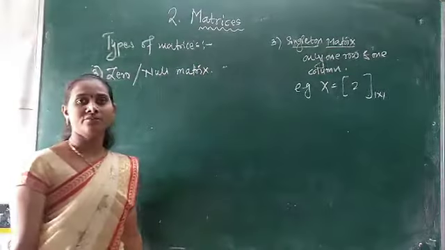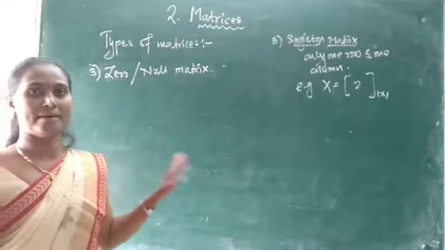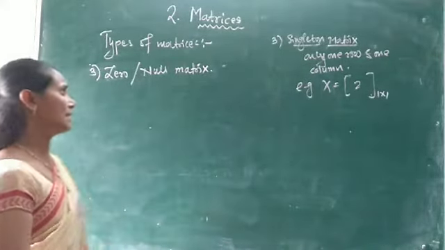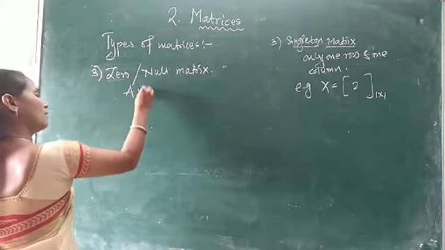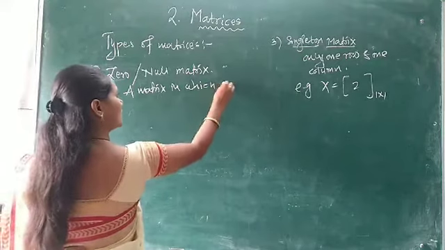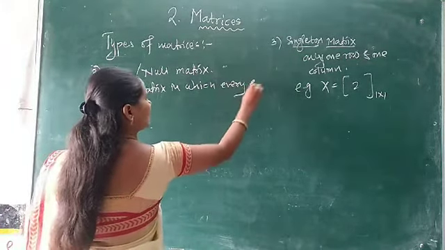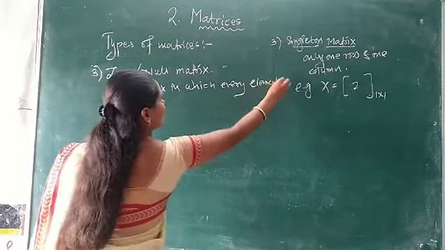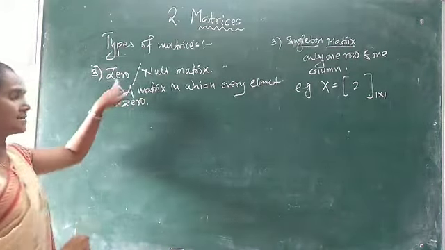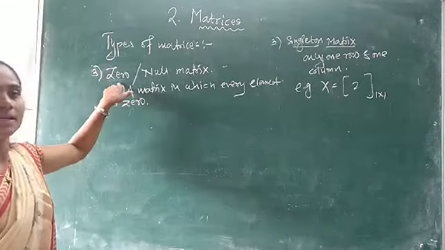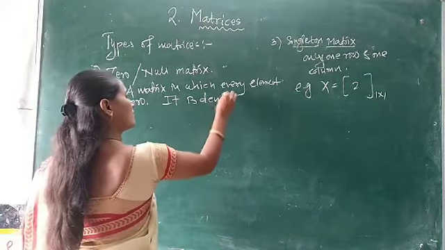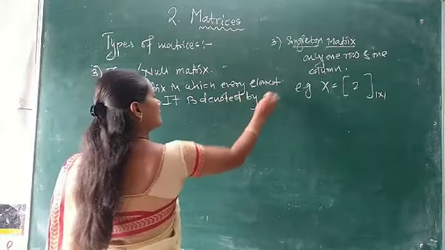A matrix in which every element is zero is called a zero matrix, or also a null matrix, and it is denoted by 0.